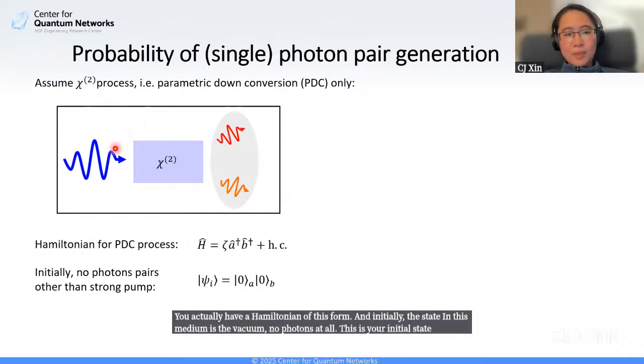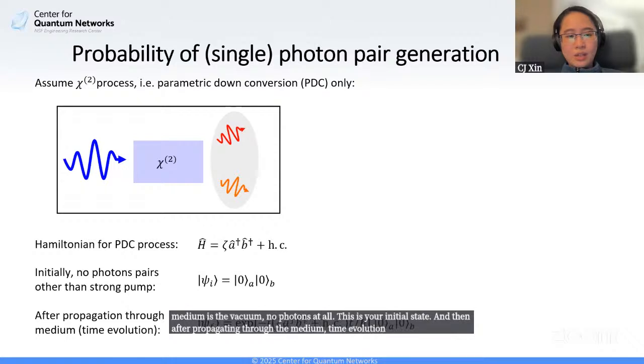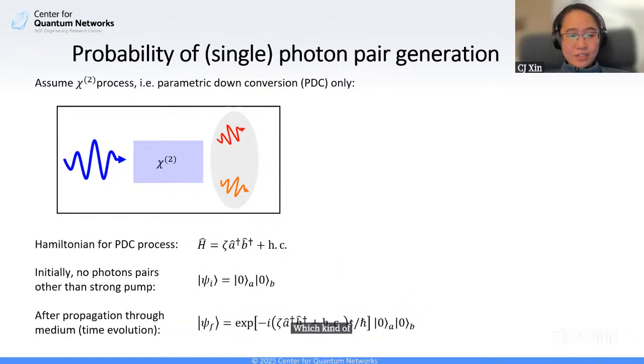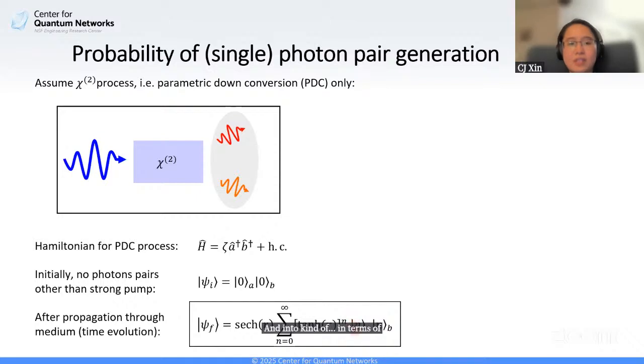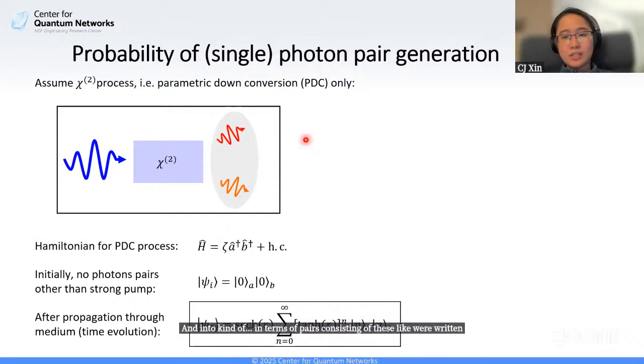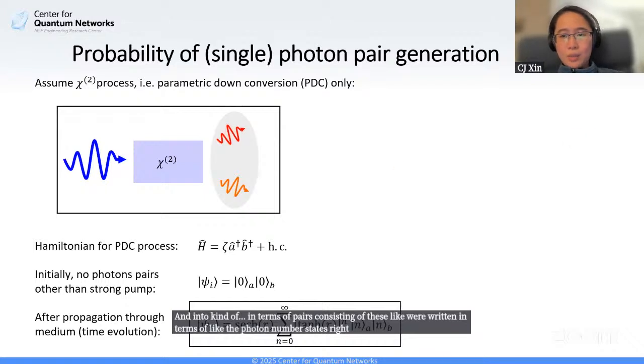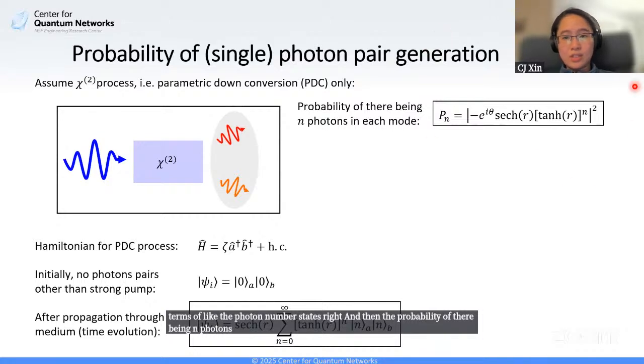And then after propagating through the medium, time evolution via this Hamiltonian, what you end up with is this particular state, which we can do a lot of math and rearrange into this form, written in terms of the photon number states. Then the probability of there being n photons in each mode is given by this equation.